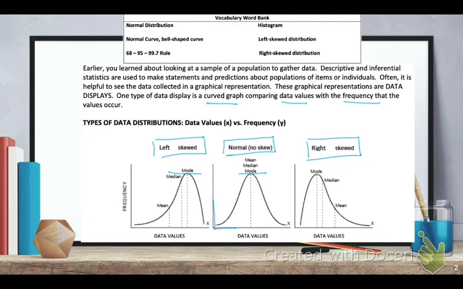We name those skewed distributions by where what we call the tail of the curve is. So if they pile up on the right, the tail is on the left, and we call that a left skewed. And if they pile up in the lower end to the left, we call that a right skewed. So that's in general a curved data display with a normal distribution, a left or a right skewed distribution.